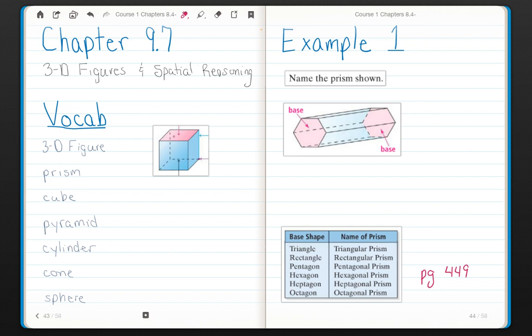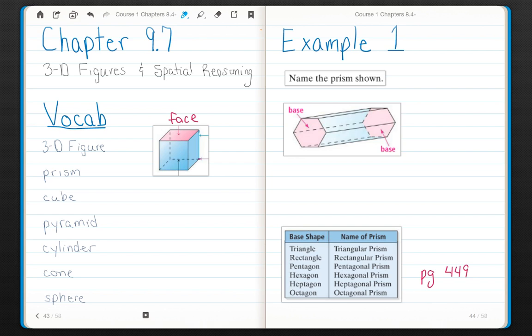And three-dimensional figures, for the most part, have certain qualities, okay? This space right here, this entire flat surface is called a face. So any flat surface of a three-dimensional figure is called a face.